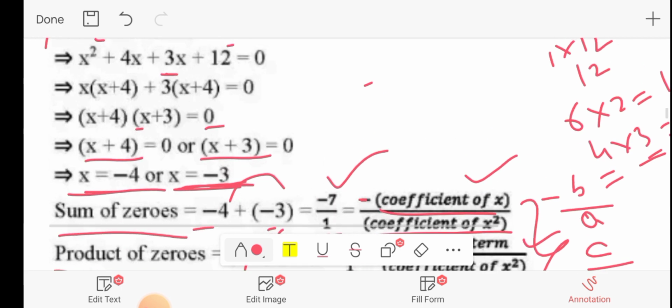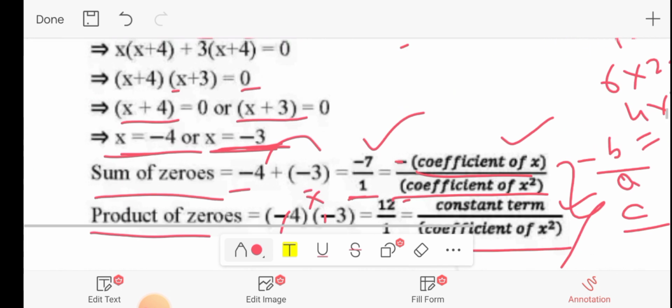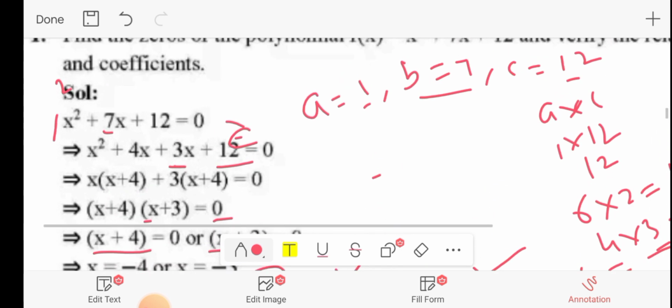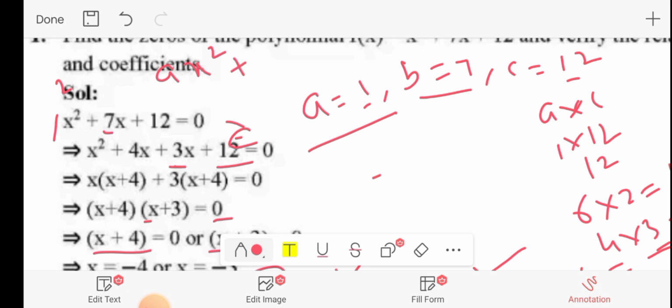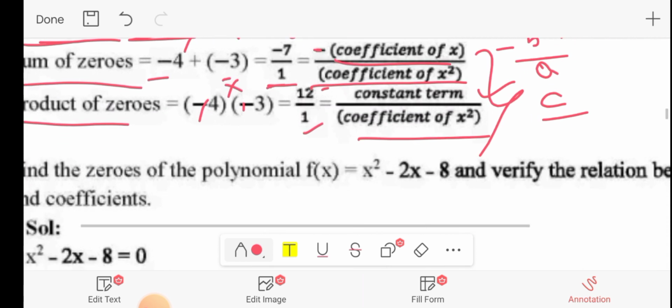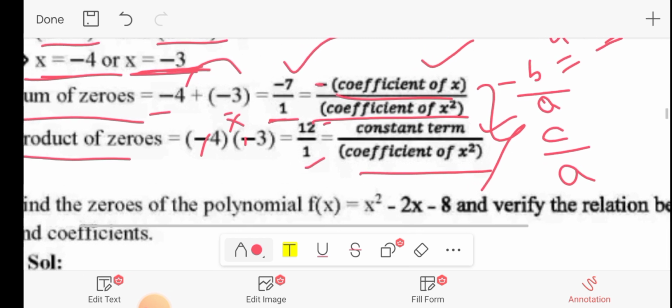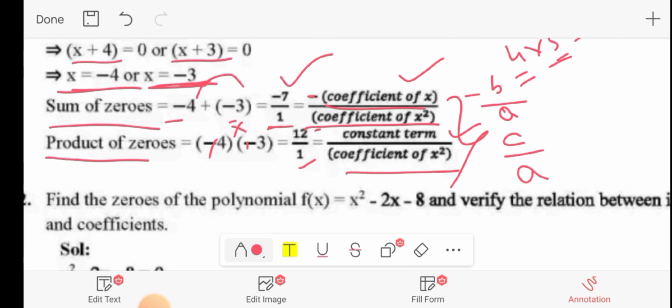C. Constant term is called C. And coefficient of x square we call A, as we learned, because the polynomial will be in this form: x square plus bx plus c. Okay. So C upon A. Coefficient of x square is 1 only. So this is the relation. If we want to find the sum of the zeros and the product of the zeros, directly we can use this formula as well.